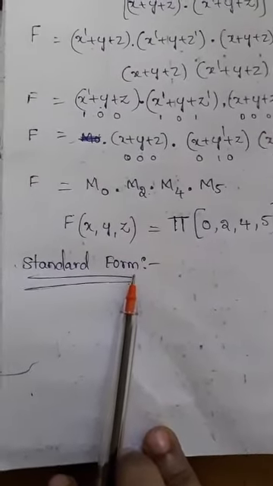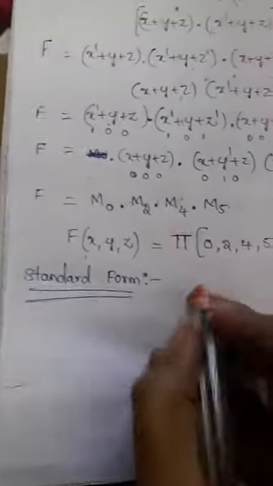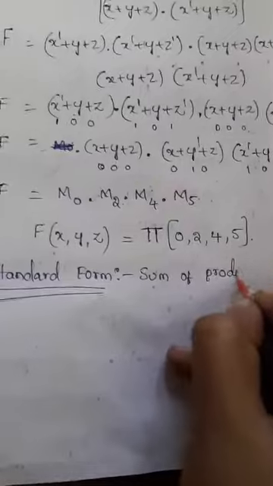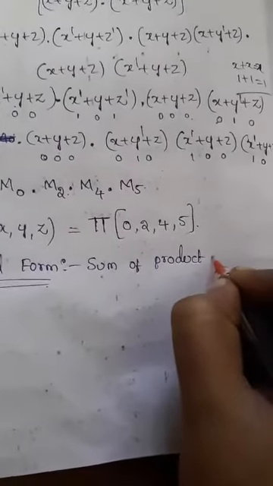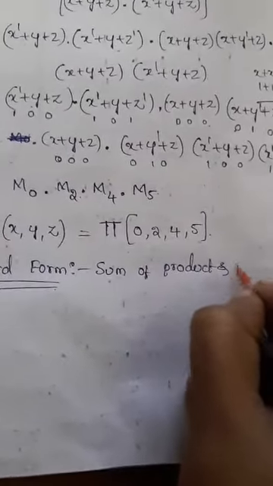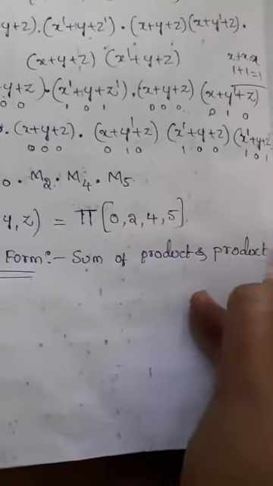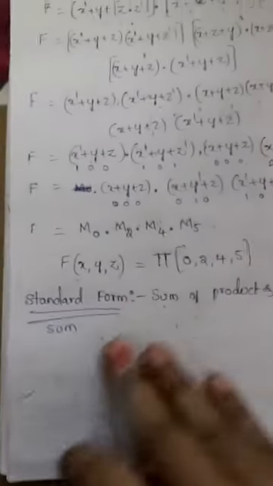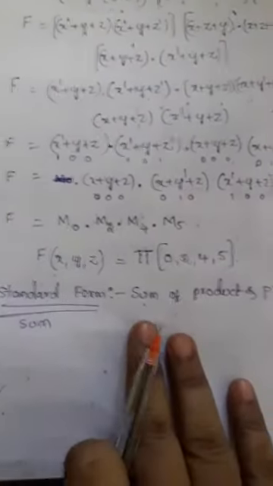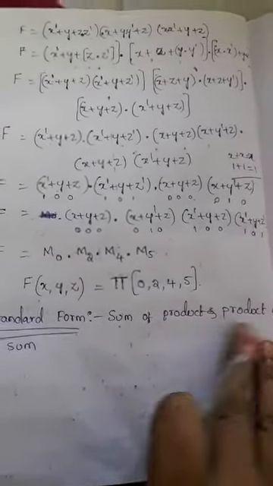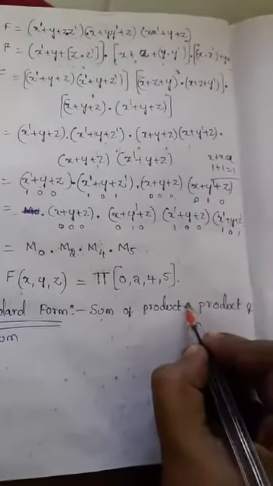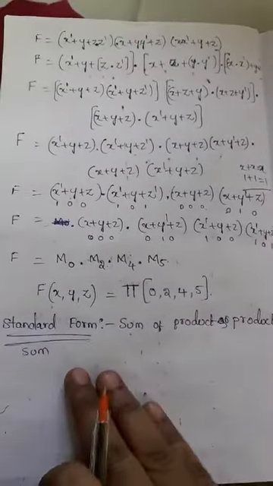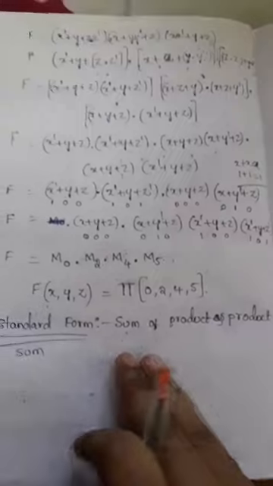Standard form is nothing but the combination of sum of products and product of sums. So the combination of sum of product or product of sum, we can call the standard form.